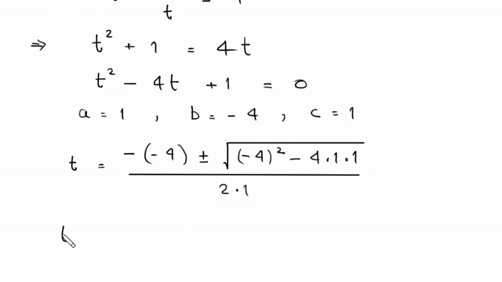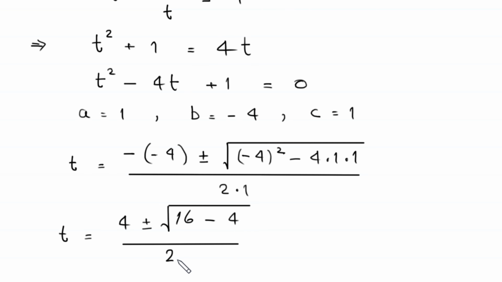Next, t is equal to negative times negative 4 will become positive 4 plus or minus square root of, negative 4 squared will become 16 and negative 4 times 1 will become negative 4, divided by 2 times 1 will become 2.